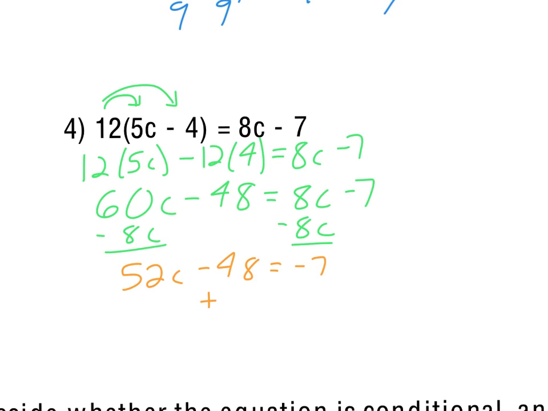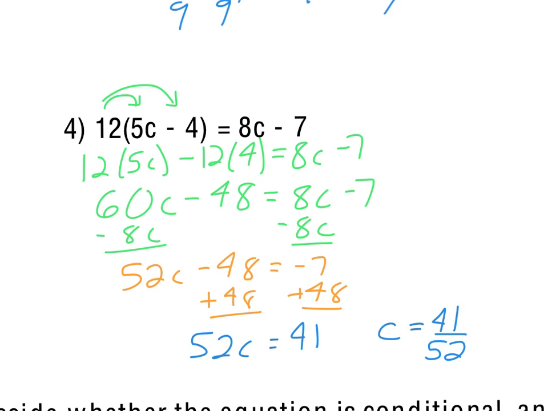From there, I would add the 48 to both sides, and we get 52c equals 41, and divide the 41 by the 52, so c equals 41 divided by 52. And that fraction does not reduce, so I'd say that's really the one good answer to have there. Pretty much any decimal you have there, you're going to have to approximate. So just leave the exact answer, 41 over 52.